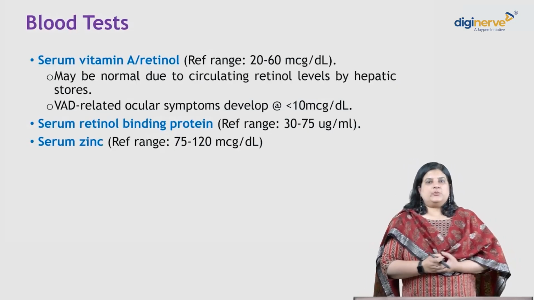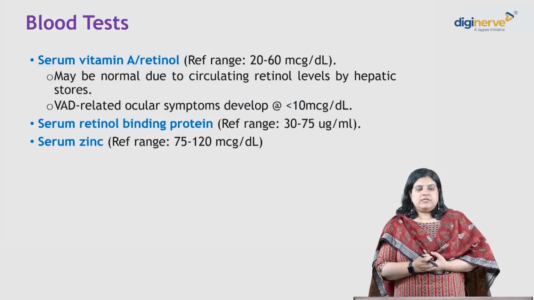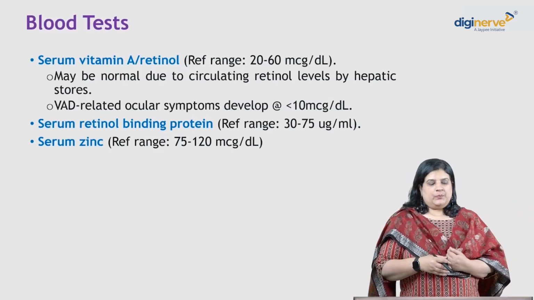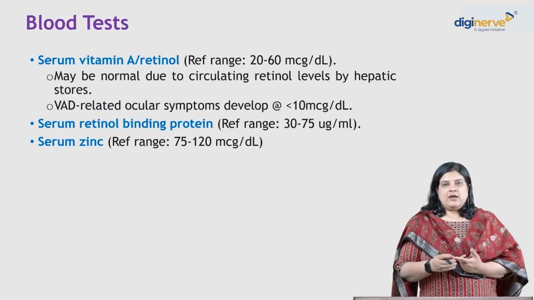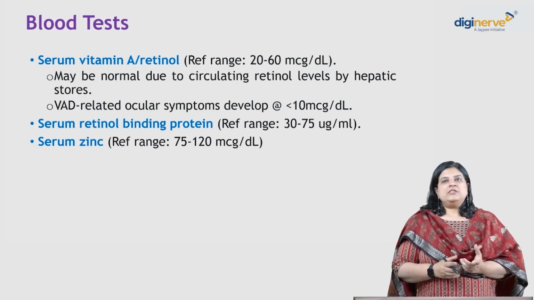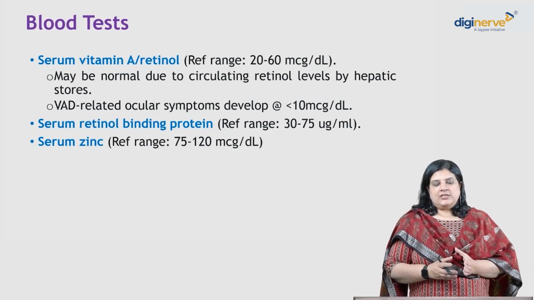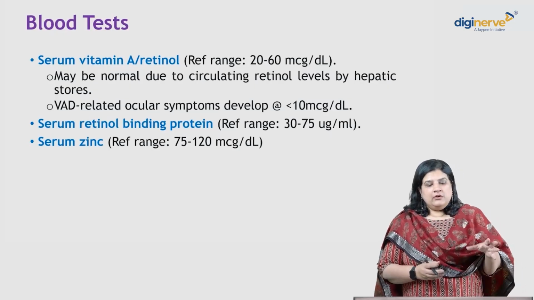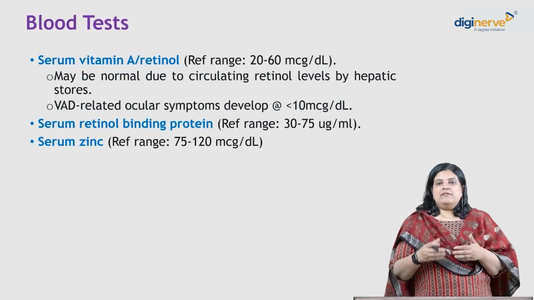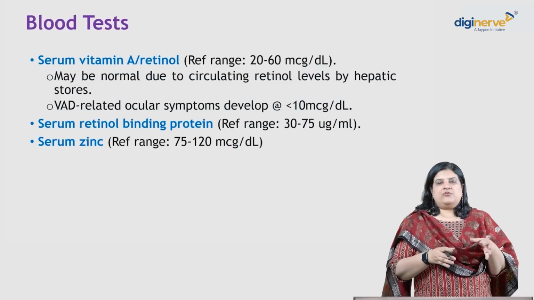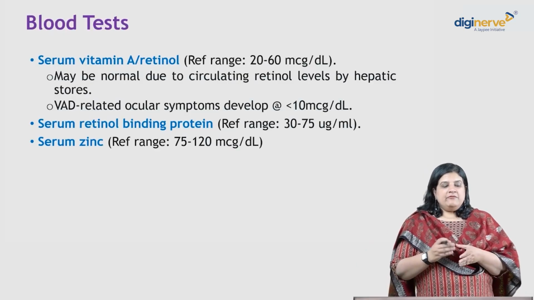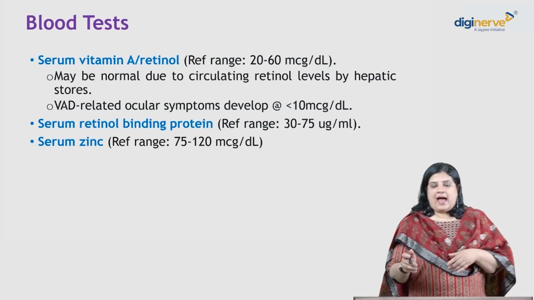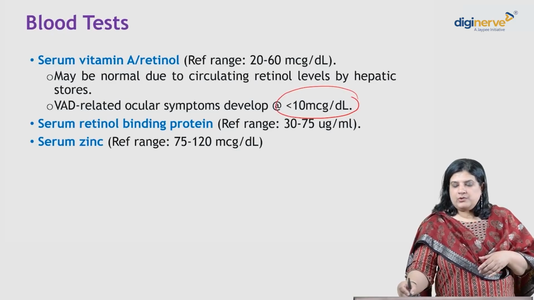Which blood tests would help you clinch the diagnosis if it's not as clinically evident as was in the picture shown? So, you can get a serum vitamin A or retinol done. The reference range for this test is 20 to 60 micrograms per deciliter. It may be normal due to circulating retinol levels which are being circulated from the hepatic stores, and vitamin A deficiency related ocular symptoms develop at less than 10 micrograms per liter.